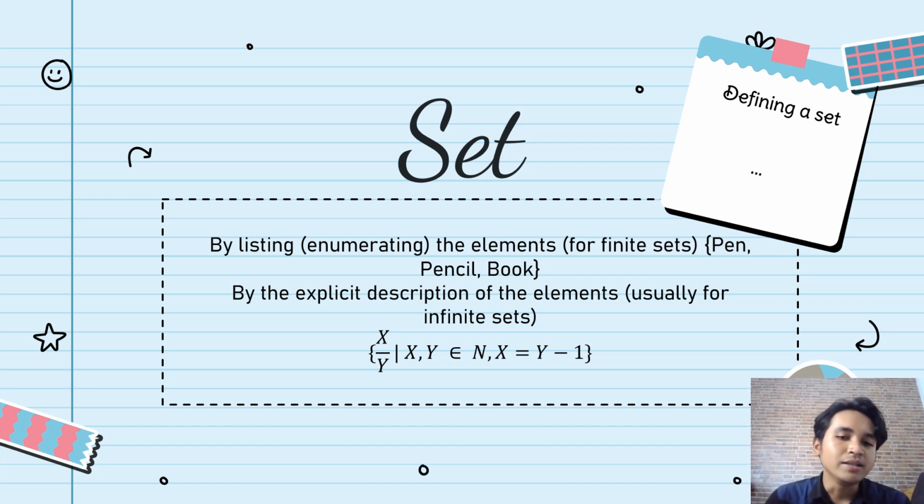Now, by the explicit description of the elements, usually for infinite sets, it is {x | y} where x and y are elements and x equals y minus 1.